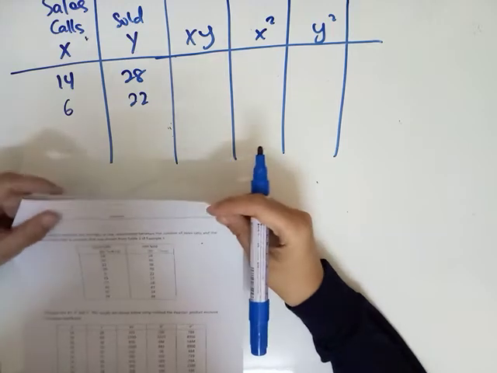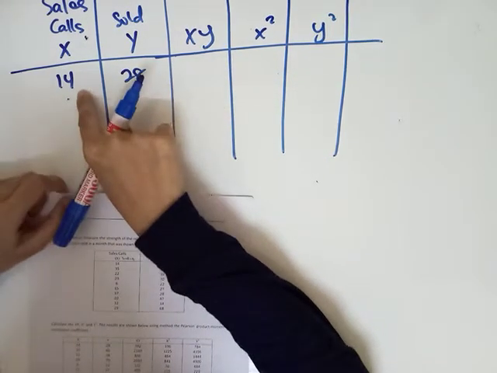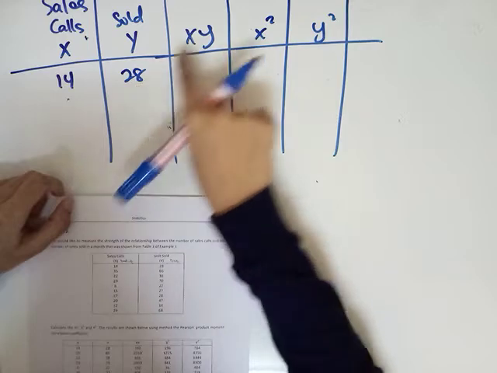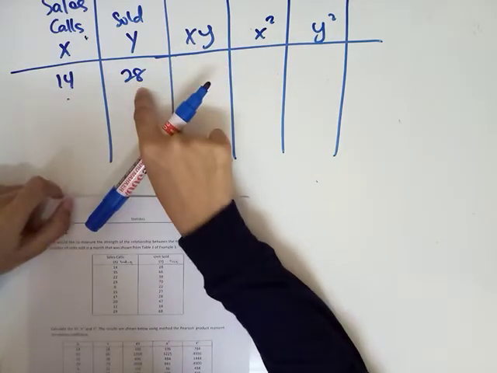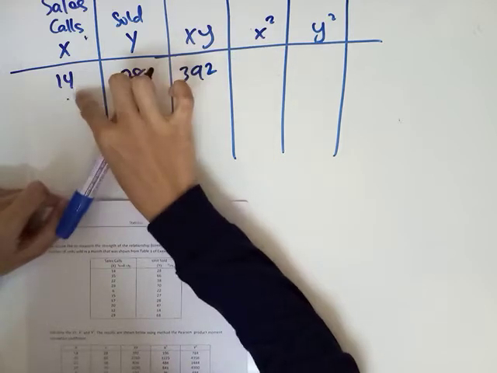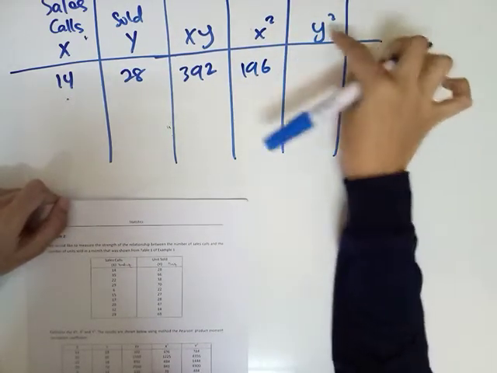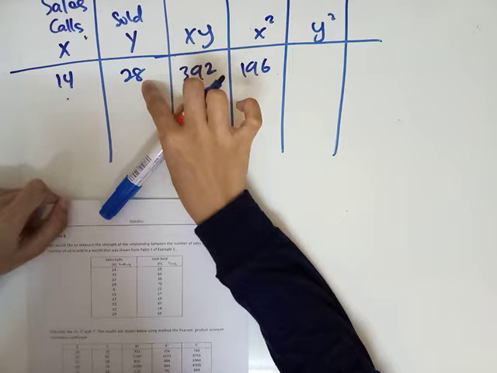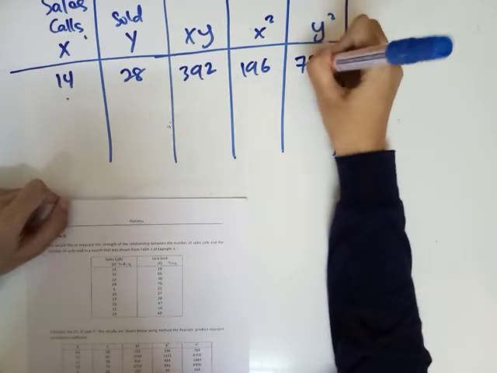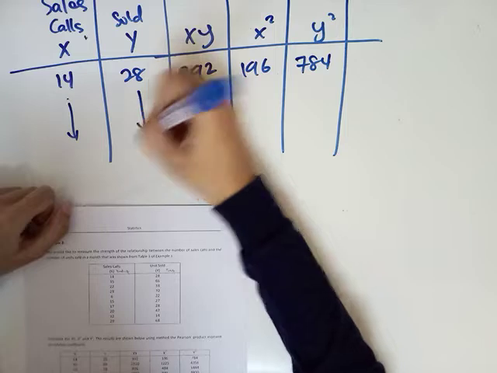When you calculate, for example X is 14, Y is 28. For XY, 14 times 28, you get 392. For X square, 14 square, you get 196. For Y square, 28 square, you get 784. Then you can proceed with the data below.